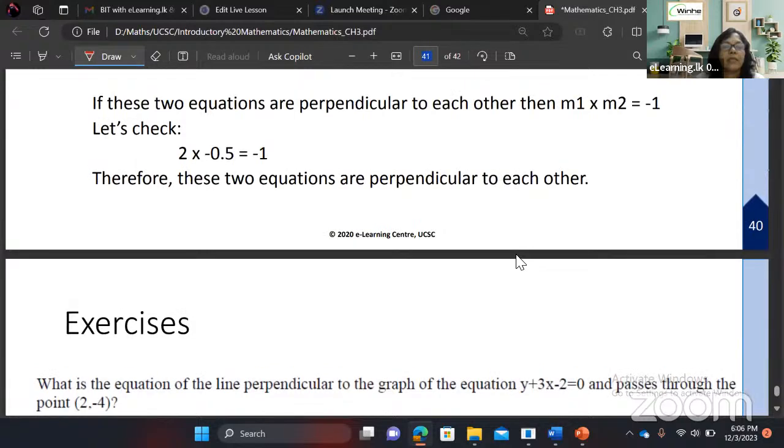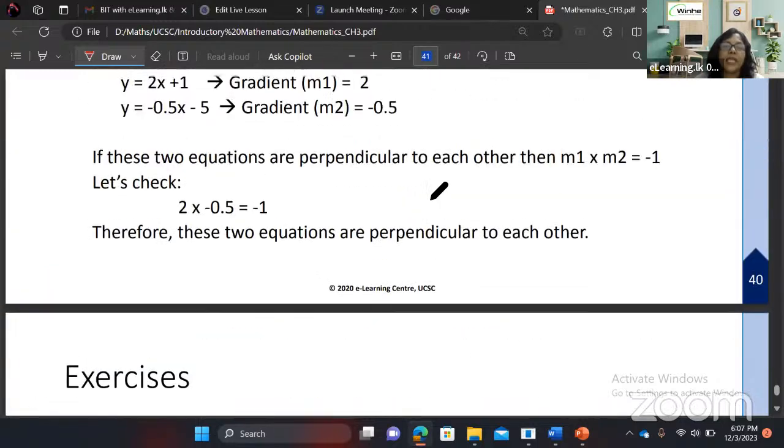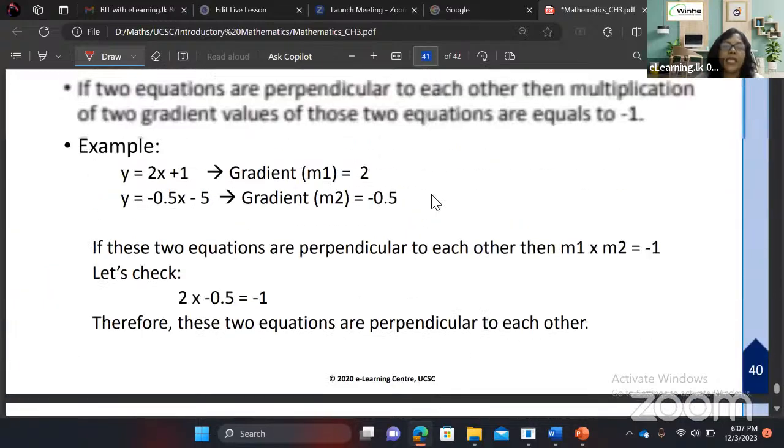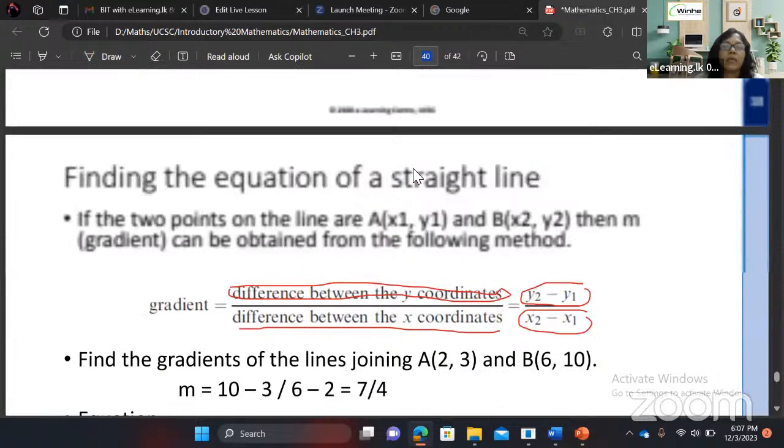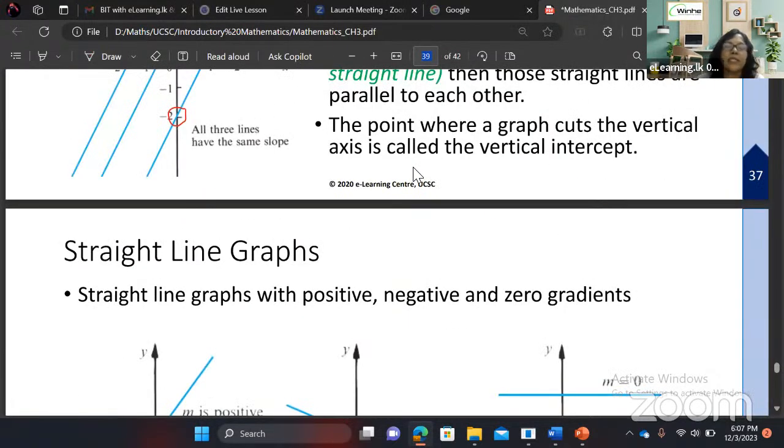Right? So you have to keep in mind, if you write in the form of y equals mx plus c, m represents the gradient of the equation and c represents the intercept of the vertical axis, or the crossing point of the y axis.